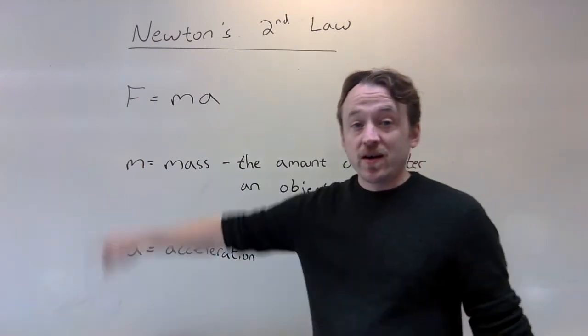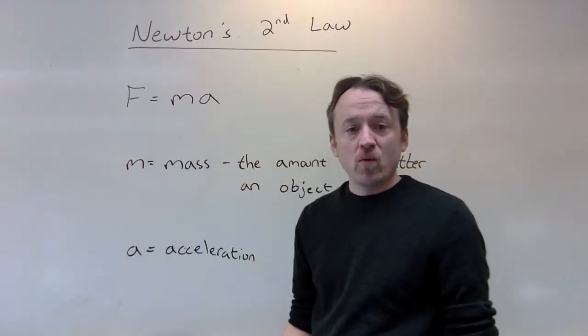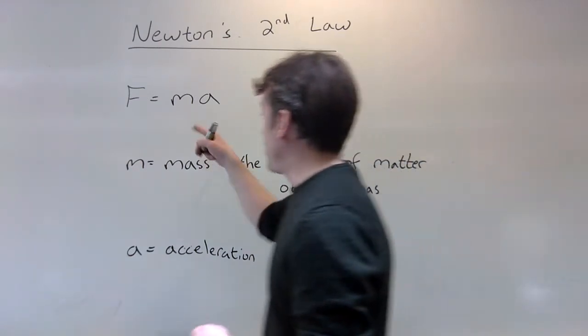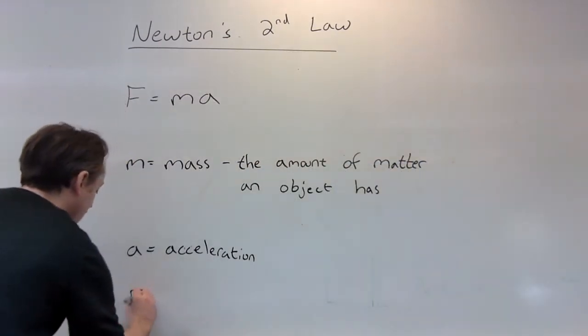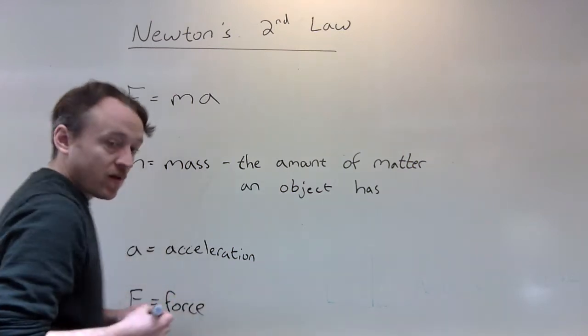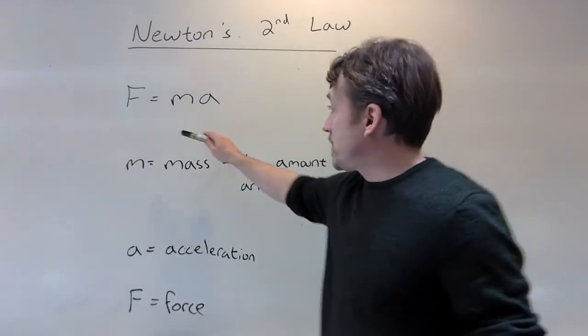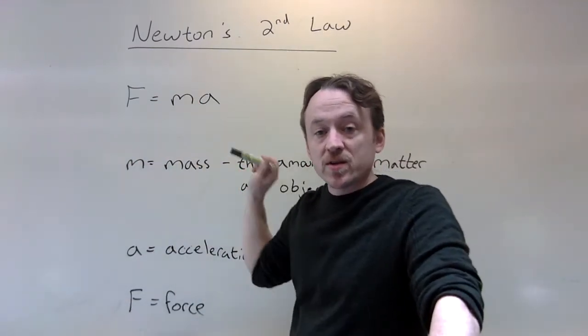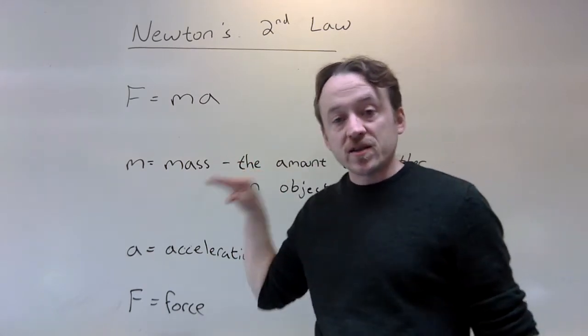So Newton's second law is F equals ma. Well, what do these terms mean? F is the force. Newton's second law is saying that the mass times the acceleration is equal to the force. Before, when we had the car, we needed a force to slow it down.